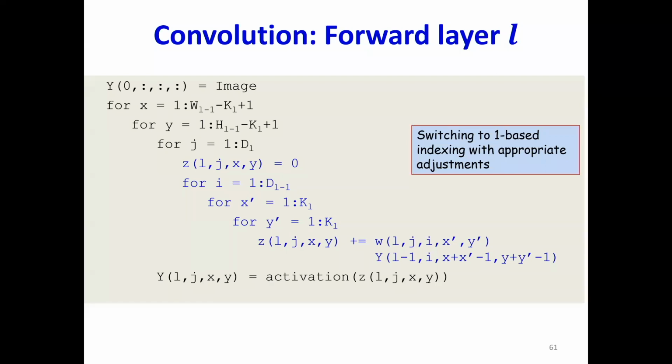And then within each input channel, you're going to scan over the region of the filter. And then at each location, what are you really doing? You're just multiplying the filter weight at that location with the y value at that location, and adding that product to z. When this is completely performed, at the end of it all, you apply an activation.